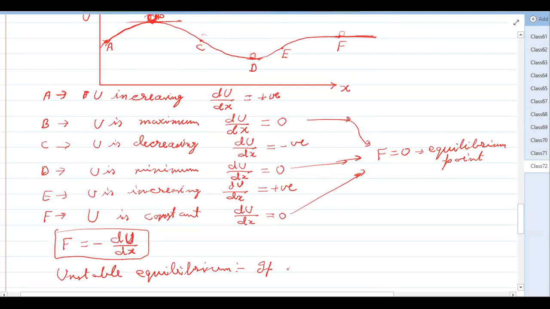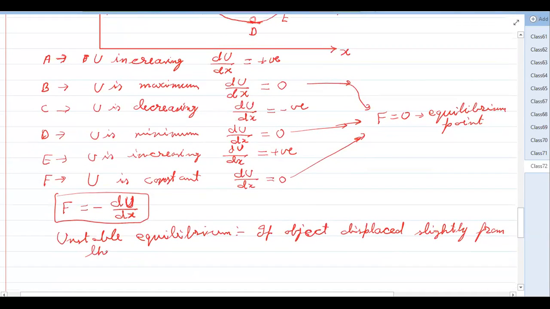If the object is displaced slightly from this position, it moves further and loses equilibrium.